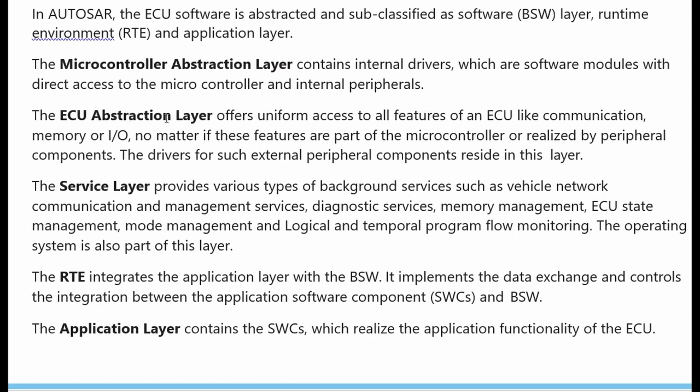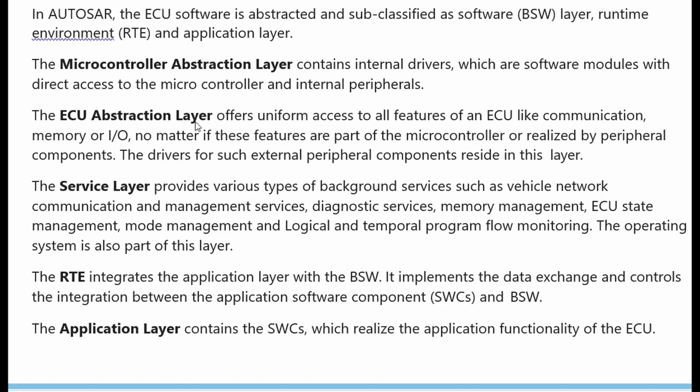In this ECU abstraction layer, some of the modules are onboard device abstraction, memory hardware abstraction, crypto hardware abstraction, wireless communication hardware abstraction, communication hardware abstraction, and IO hardware abstraction.